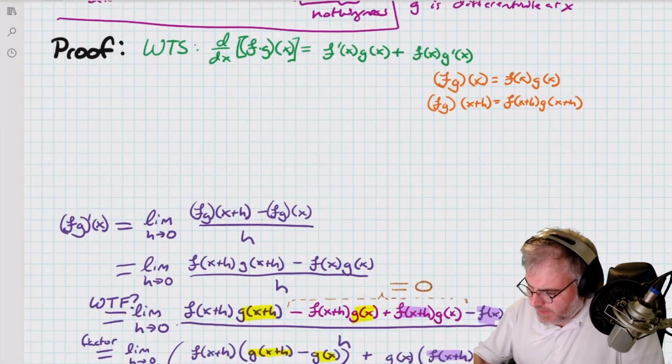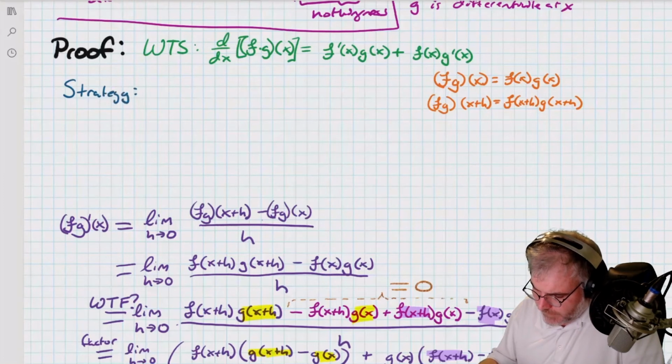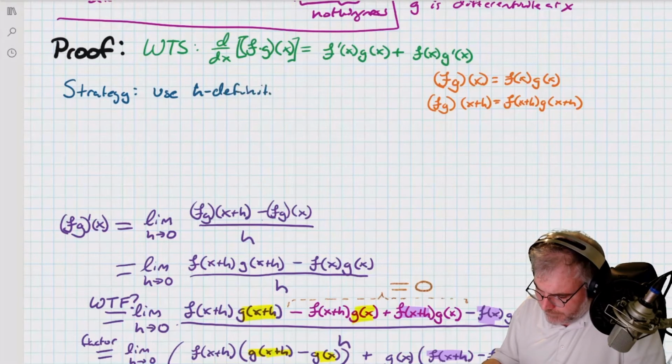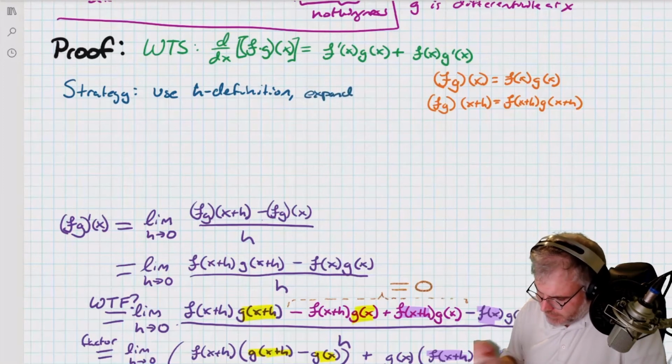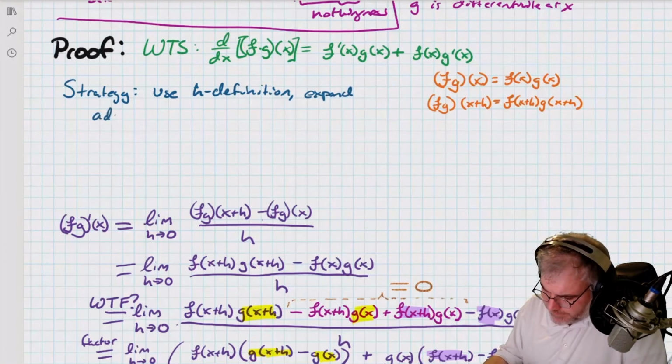My strategy is going to be this. Use the h definition. Expand. Add the rabbit to the top and factor.